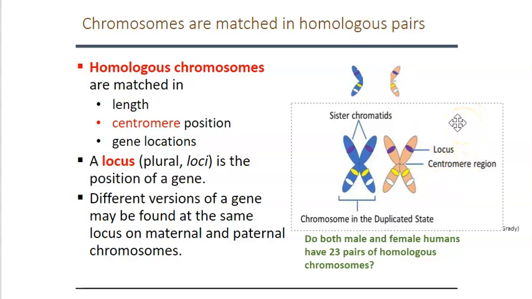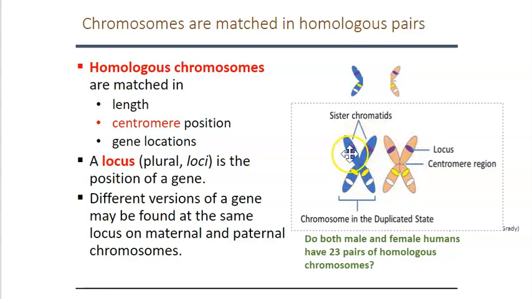Now, one of the things that it's important for students to understand is the pairs of chromosomes that we have. So again, if we have 23 pairs of chromosomes, those chromosomes in our individual cells originally came from the sperm and the egg. There's a paternal 1 chromosome and a maternal 1 chromosome.